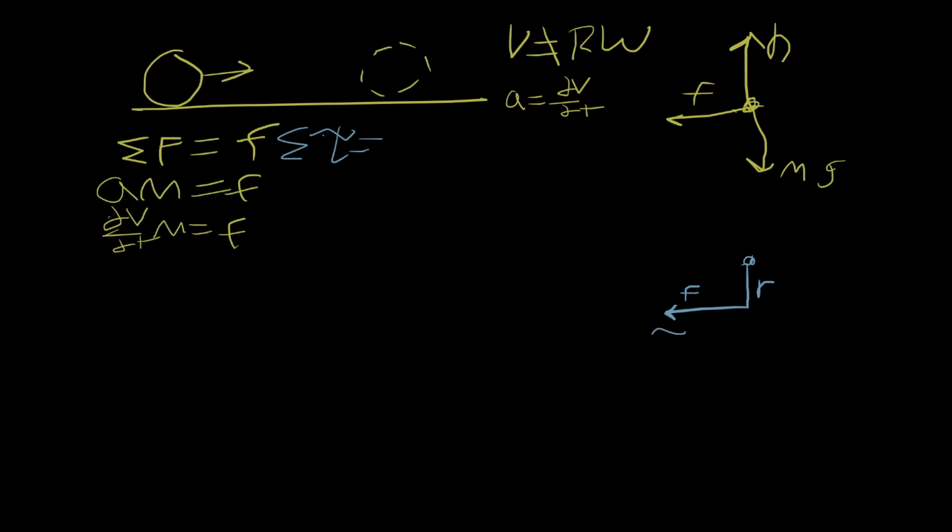If you remember, torque is equal to force times radius times the sine in between, which is also the cross product of the two. So we have our kinetic friction, since we're sliding, times the radius of the ball, which is capital R.